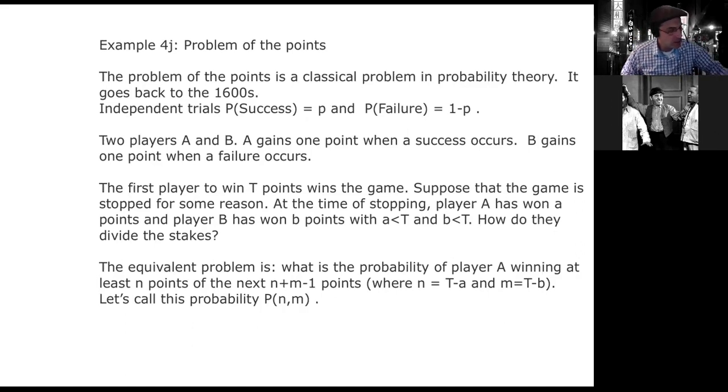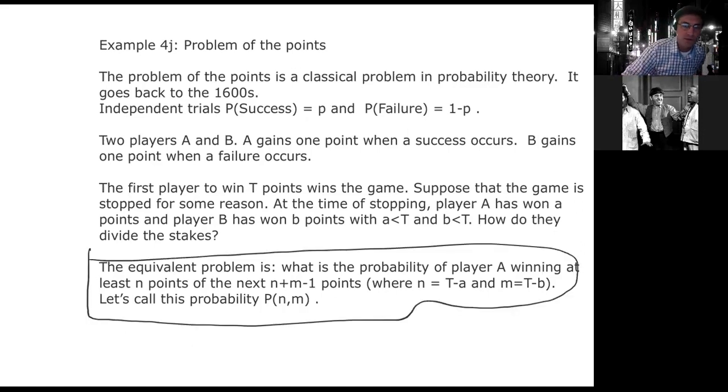So what's the probability of winning at least n points in the next n plus m minus 1 points? The reason you're looking at n plus m minus 1 is because n is t minus a and m is t minus b. Let's just look at this last part of the problem. That's what we're interested in.